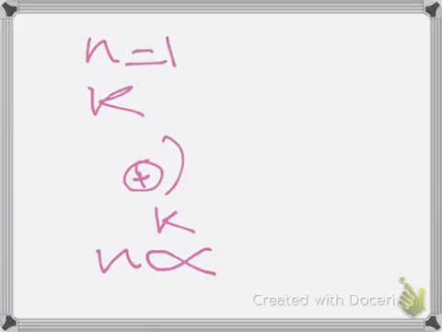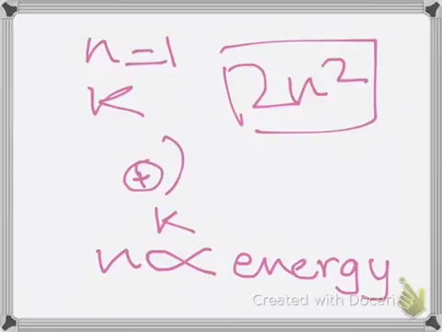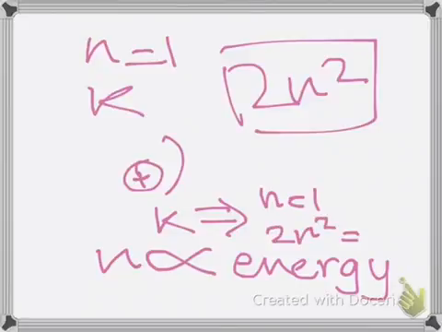Each main shell has 2n square electrons. Let us consider K, which has n equals 1, so 2n square for K is equal to 2 into 1 square, which is equal to 2. So K will have 2 electrons.